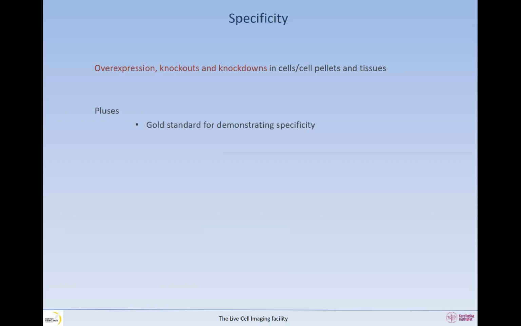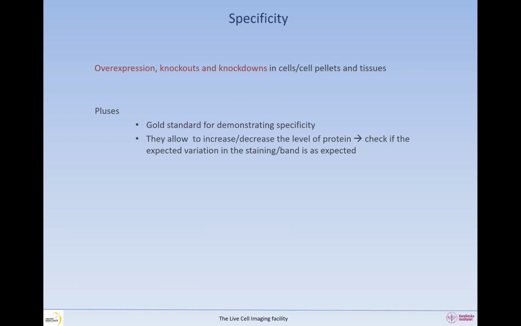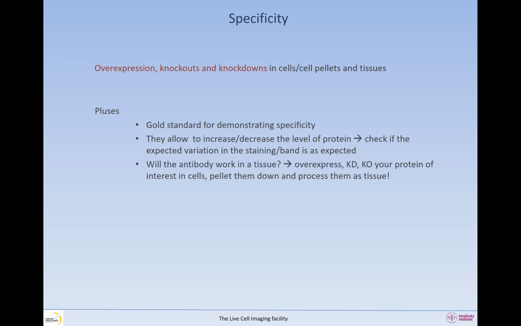These three methods are the gold standard for demonstrating specificity. By increasing or decreasing the levels, you will see if you get what you expect.